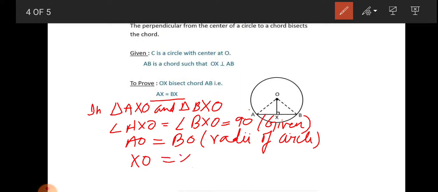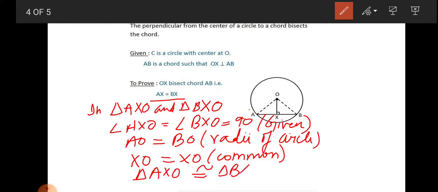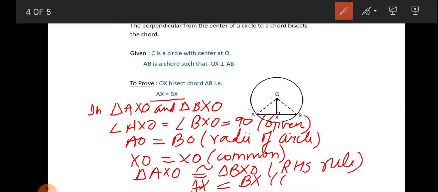XO is equal to XO, common. So by the RHS congruence rule, triangle AXO is congruent to triangle BXO, and by CPCT, AX is equal to BX.